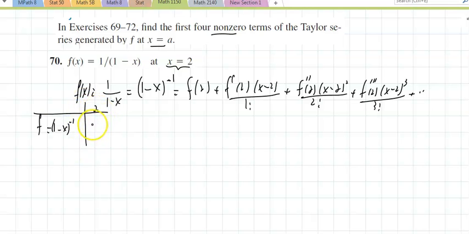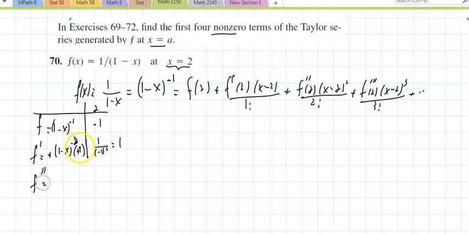That would be 1 over negative 1, which is negative 1. I'm going to take f prime, which is negative 1 minus x to the negative 2 times negative 1, evaluated at 2. That would be 1 over negative 1, but it is squared, so that's a 1.